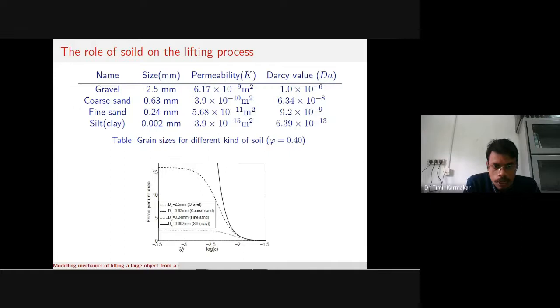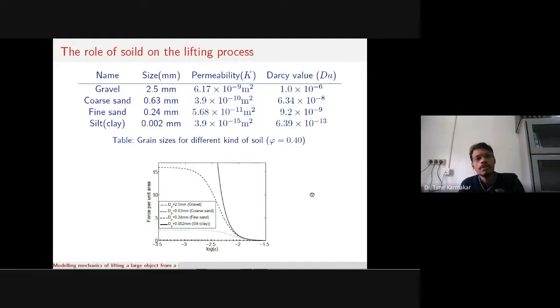As you can see here, we have presented the force per unit area to lift the object up from the seabed, depending on the properties of the soil. If we want to lift an object up from a gravel seabed, we need a very small amount of force. But the same object, if we want to lift it from a silt or clay kind of porous bed, we need a larger amount of force.